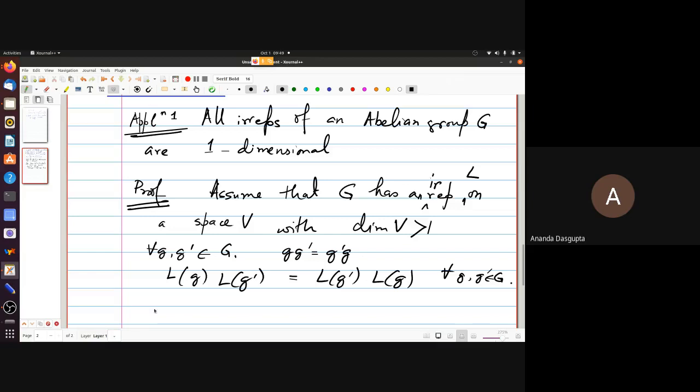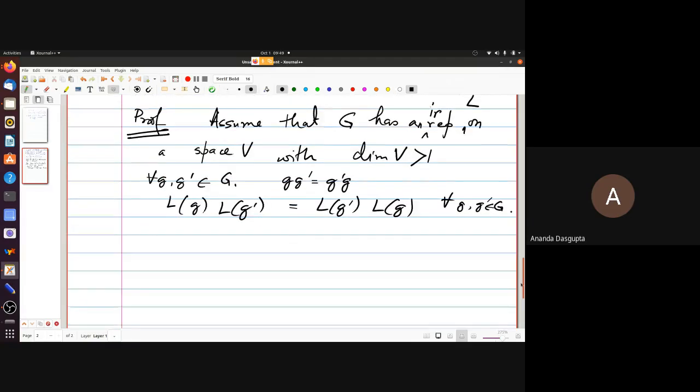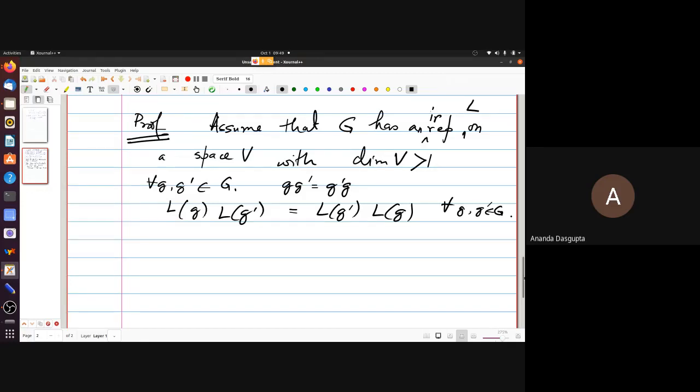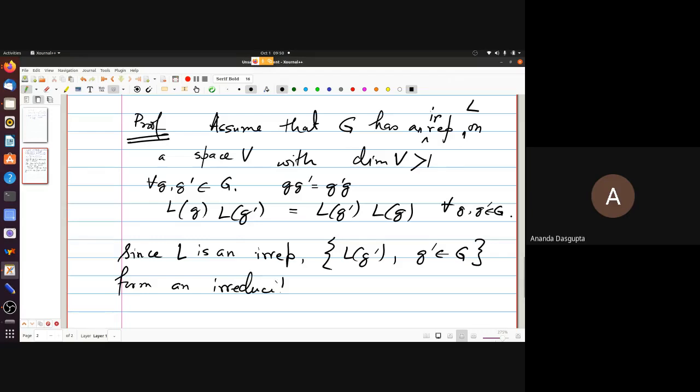Okay, so now let's just take a look at this. If the set LG prime is irreducible, this is important because this is exactly why we are at all interested in this irreducible set of operators in the first place, right?